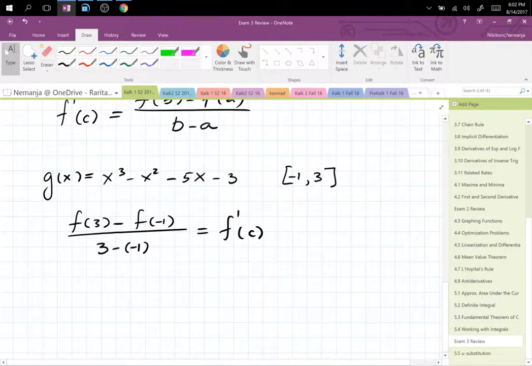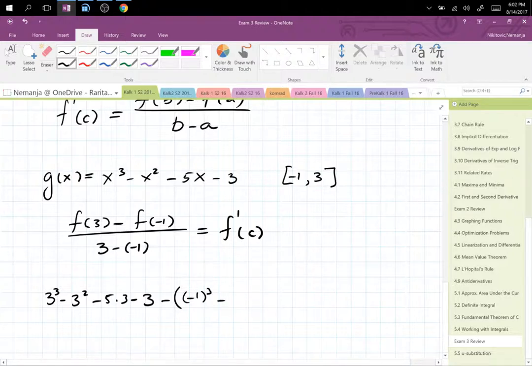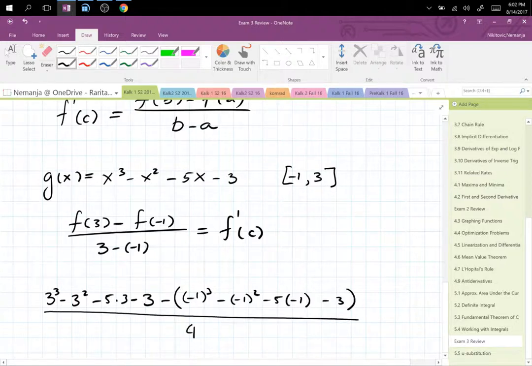So now f(3) is going to be 3 cubed minus 3 squared minus 5 times 3 minus 3, minus, and now we have (-1) cubed minus (-1) squared minus 5 times (-1) minus 3, divided by 4, equals the derivative of this.